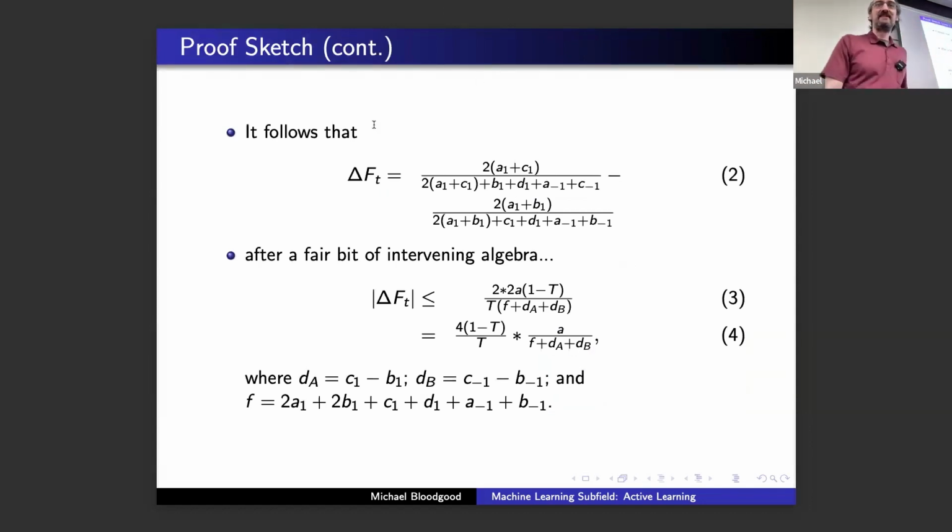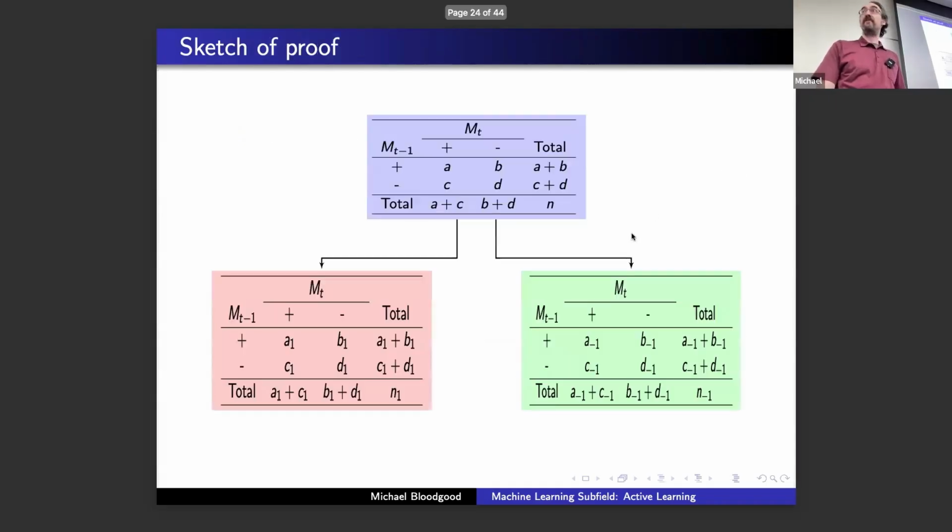It's coming. So from that, it follows, and this is a limited talk, so I'm not going to give all the math. But if you want, you can look at the Bloodgood and Grothendieck 2013 paper, which has all the math, down to the bones, if you want to do every line. But delta f_t comes to this in terms of those variables on the previous slide.